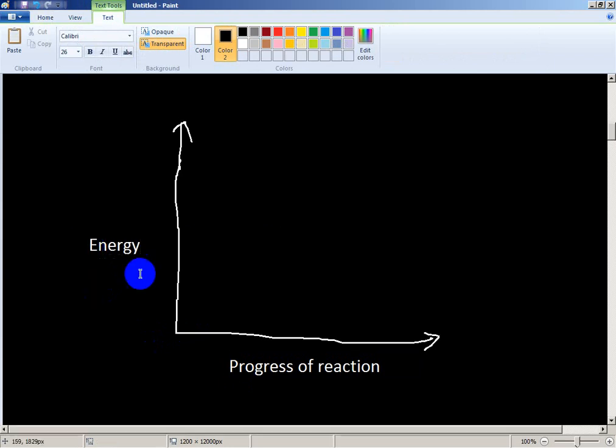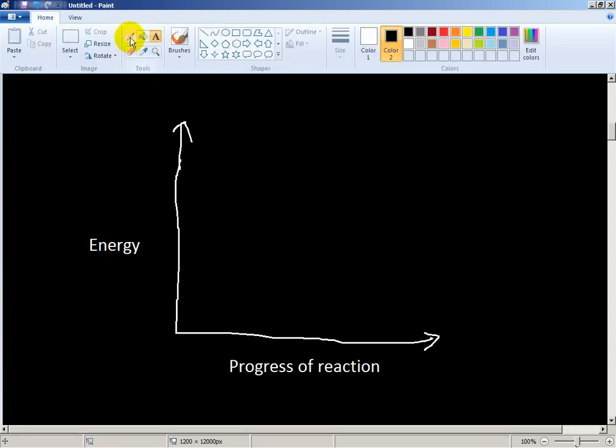We know this is the reactant. At first we write the reactant at the beginning. We know in an exothermic reaction, the reactant energy is more than the product energy. So we write the reactant energy here and the product energy below. This is the reactant and this is the product.